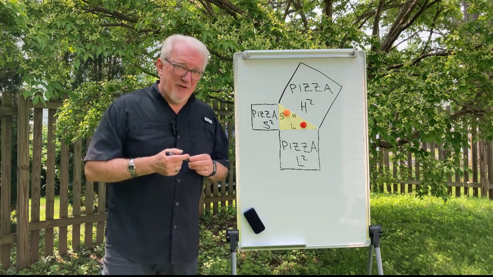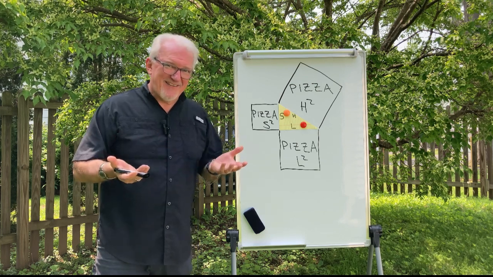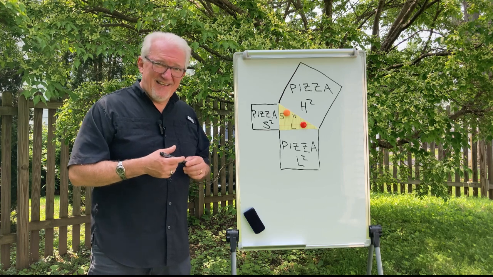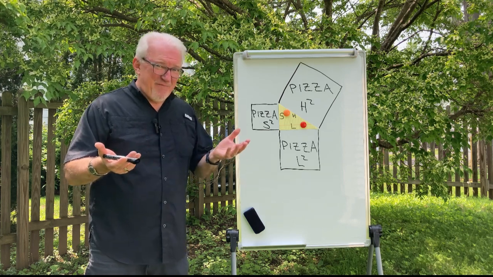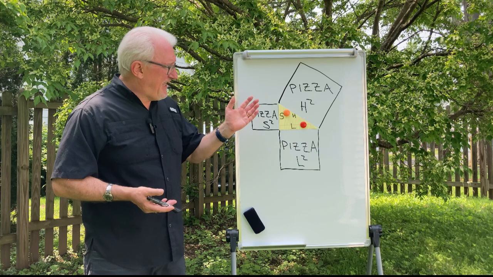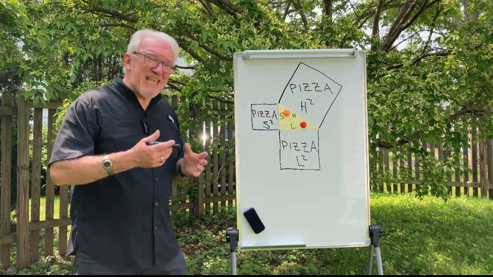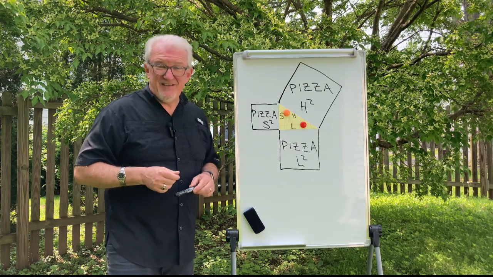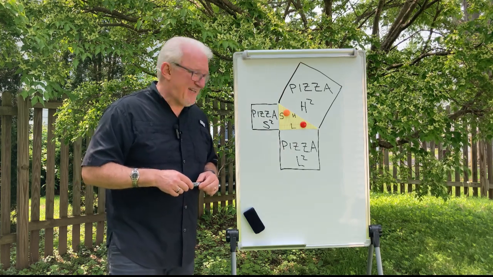This probably looks familiar by now. What we're talking about is the Pythagorean Theorem. And of course, if you are a student of mathematics, you know that the square of the hypotenuse is equal, in fact, to the sum of the squares of the other 2 sides.